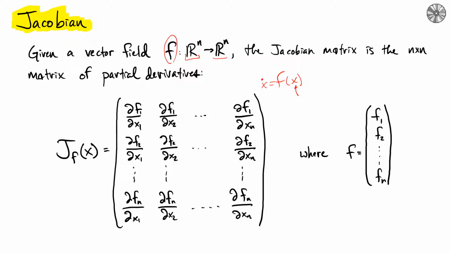Since f is a vector, it has functions f1, f2, all the way down to fn, and each of these is a function of x1 through xn. We need to take all of those derivatives, and the Jacobian is our way of organizing that. We have all of the possible combinations of derivatives from df1/dx1 down to dfn/dxn. The important part here is that these functions depend on all of these variables, and so these are partial derivatives.